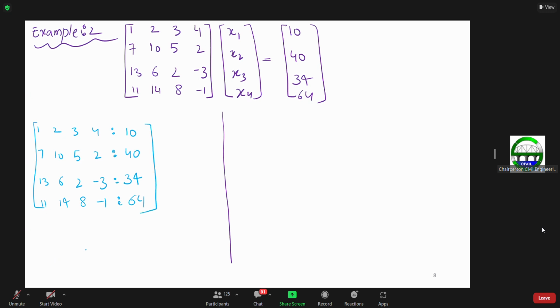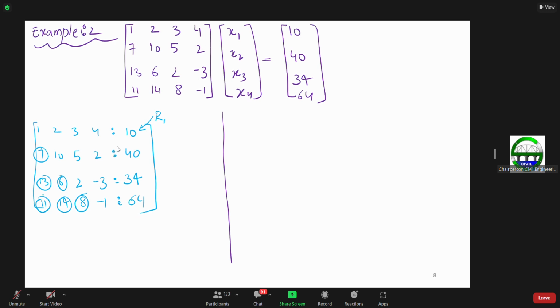Okay, so in this case, we have to use R1 to make these elements equal to 0.